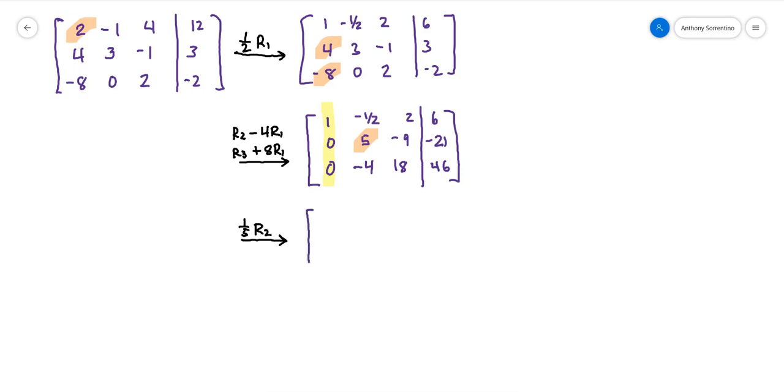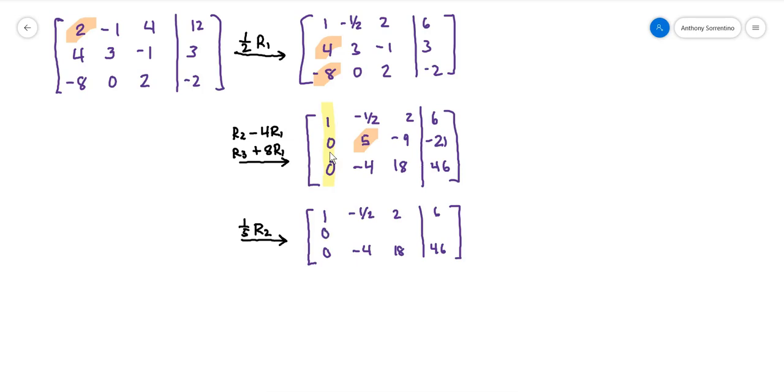Which means when I do this row operation, the current row 1 is going to be left unchanged. The current row 3 is going to be left unchanged. It's just going to be row 2 that gets changed. So the 0 I had divided by 5 is still going to be 0.